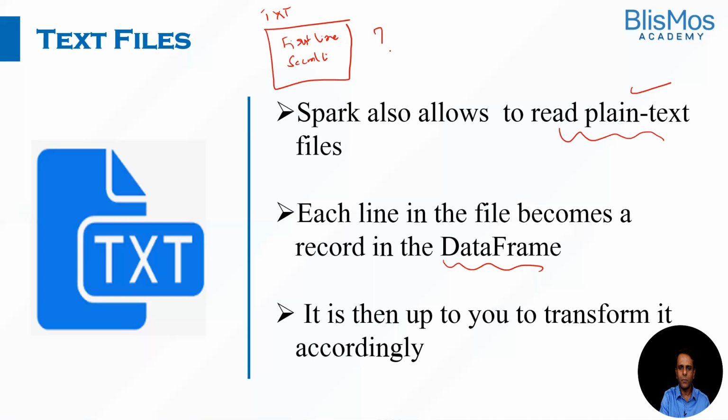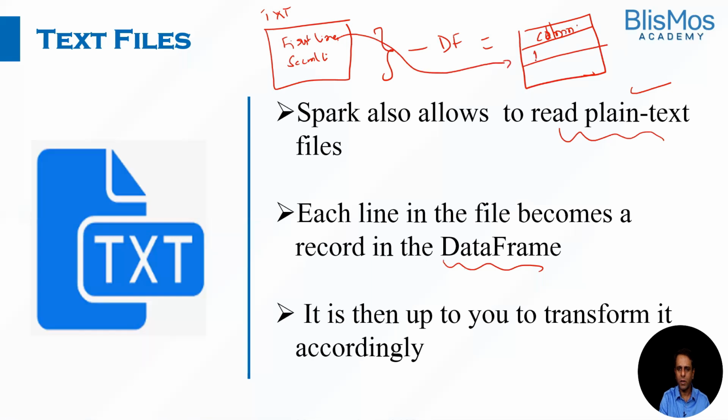Second, when you read this into a data frame, as you know, there is a column name, this becomes the first record, this becomes the second record. Essentially, each line in the file becomes a record in the data frame.